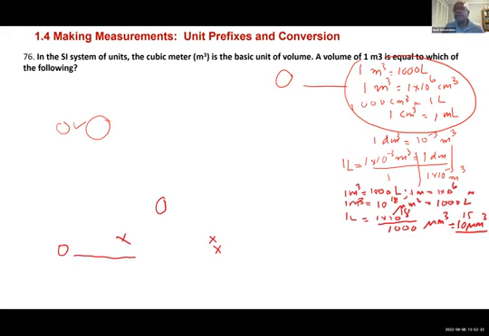Cubic centimeter is the same as milliliter. So D is the answer. 1 cubic meter is 1,000 liters. 1 liter is 1,000 cubic centimeters or 1,000 milliliters. So you have to kind of remember that.